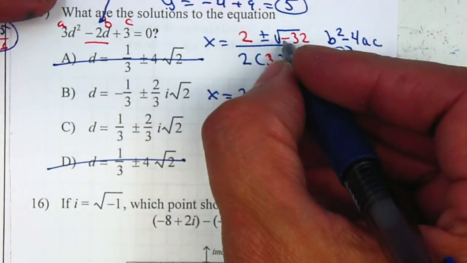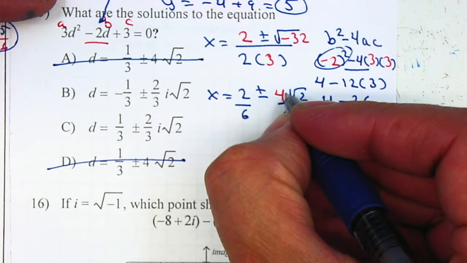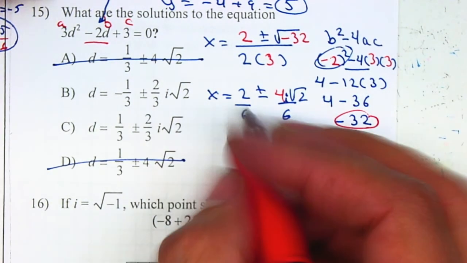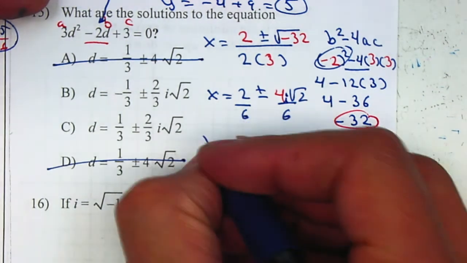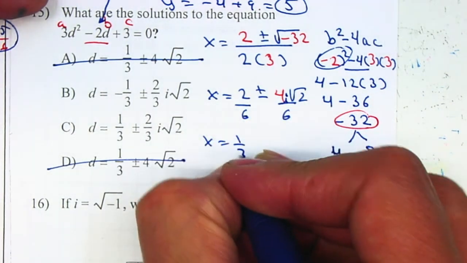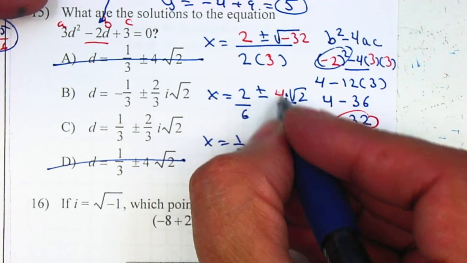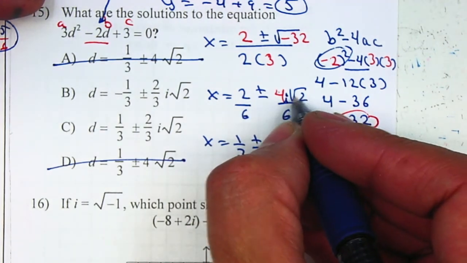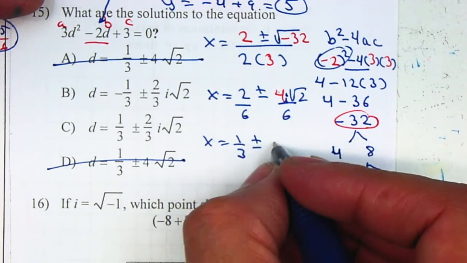But since there was a negative inside, I end up with my i. Don't forget your i. And now I'm going to reduce my fraction. Gives me x is equal to 1 over 3 plus or minus. I'm going to reduce my 4 and 6. Remember, you cannot reduce your 2 because it's inside the square root. So 4 and 6 I'm going to divide by 2. Gives me 2 over 3.